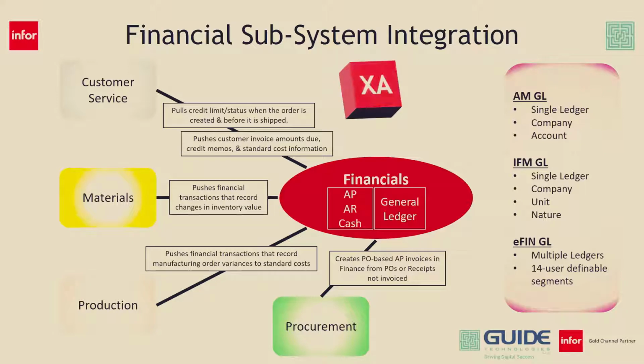And Enterprise Financials in the same environment allows me to take all of that data and translate what needs to be translated financially, and consolidate that all into a single consolidated operations ledger.